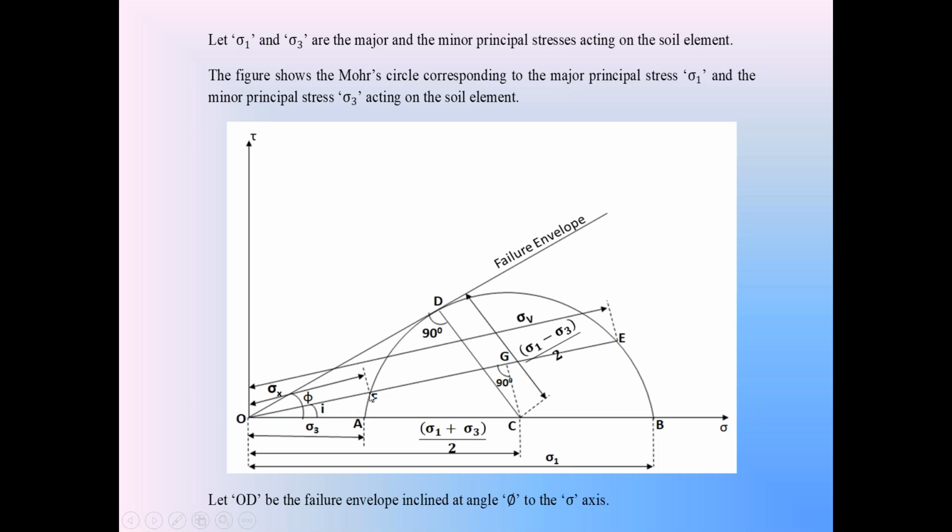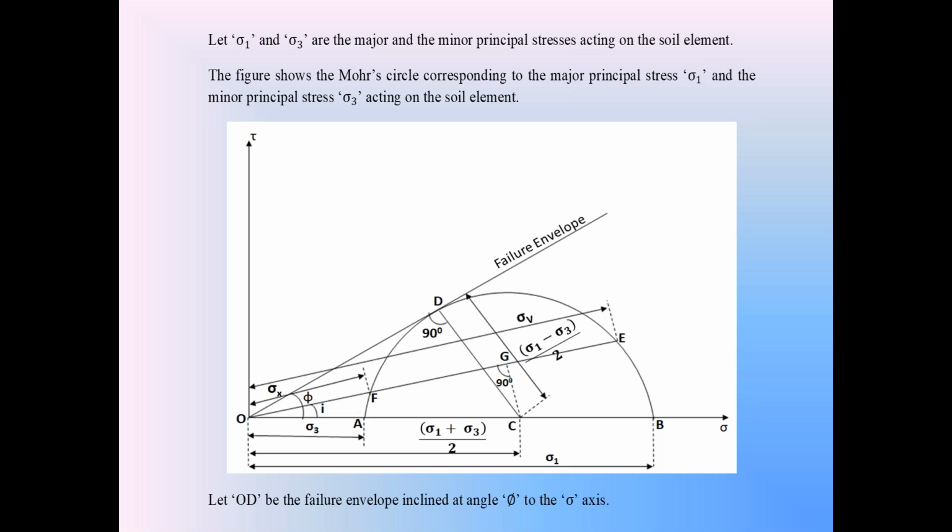That straight line touches the Mohr stress circle at point F and also at point E. Then the length OF in this Mohr stress circle indicates the stress sigma X acting on the side element. The length OE indicates the other stress sigma V acting on the side element.